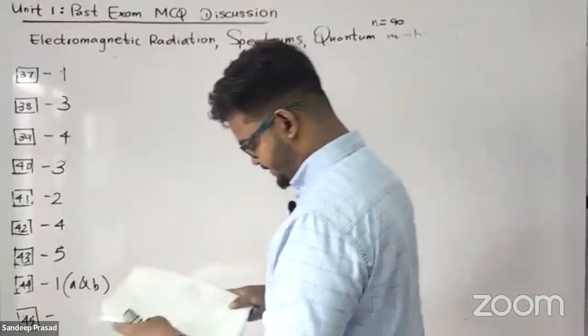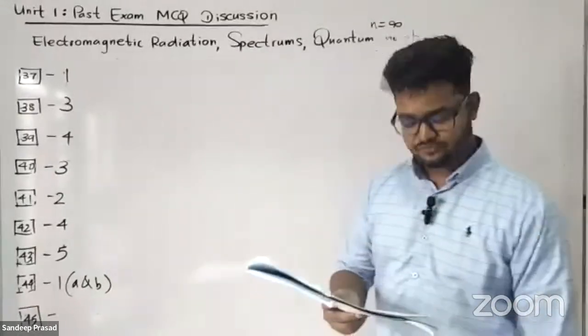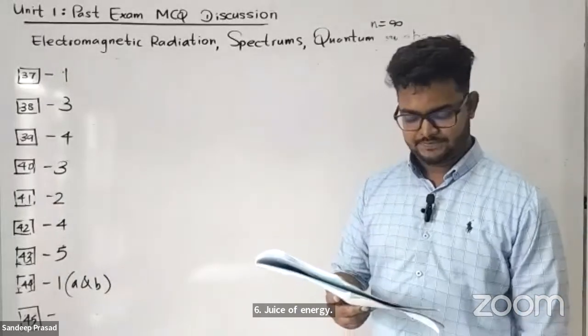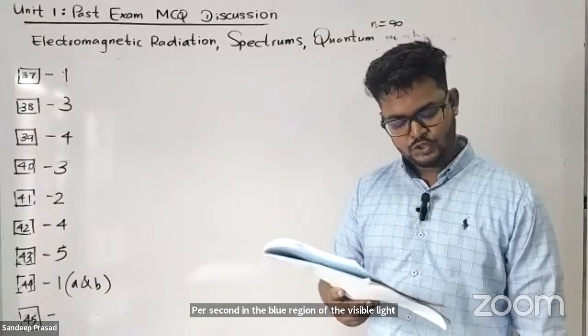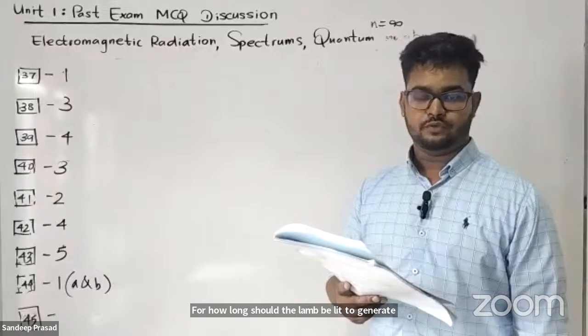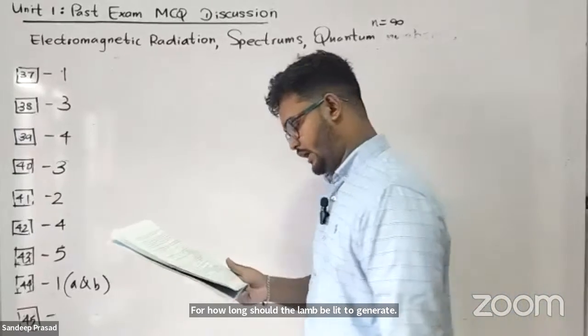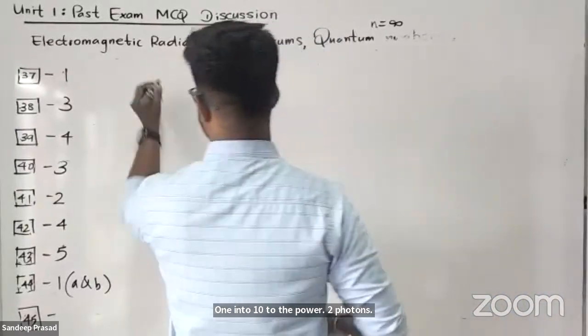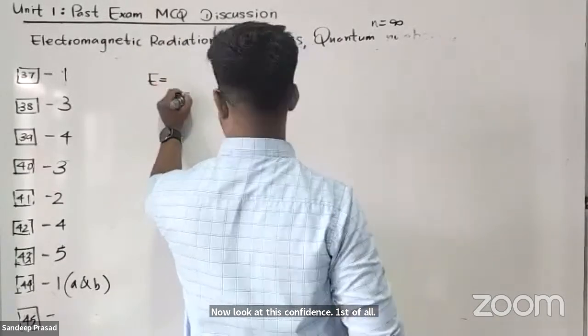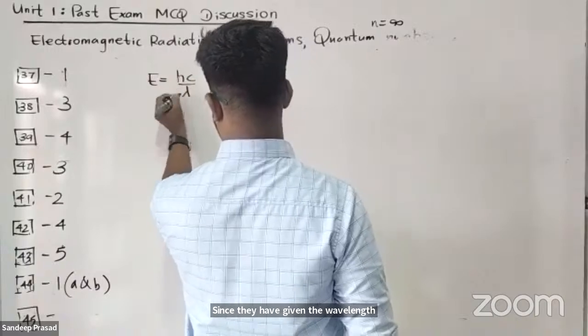A lamp produces 6 joules of energy per second in the blue region of the visible light. For how long should the lamp be lit to generate 1 into 10 to the power 20 photons? Right. Now look at this one, students. First of all, since they have given the wavelength 470 nanometers, let me find out the energy of a photon.